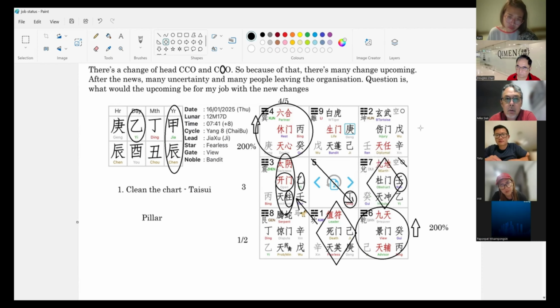What's the implication now? Emptiness is filled up. Yes. So the boss is clashing with him. Okay, so when the boss is clashing onto you, what does that mean? The boss doesn't like him.